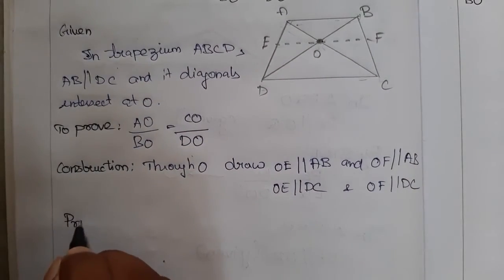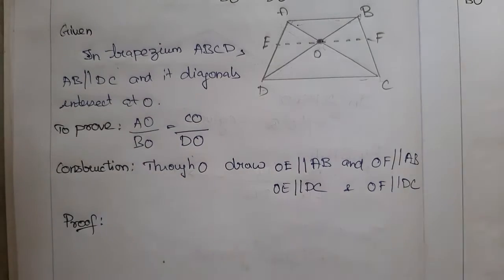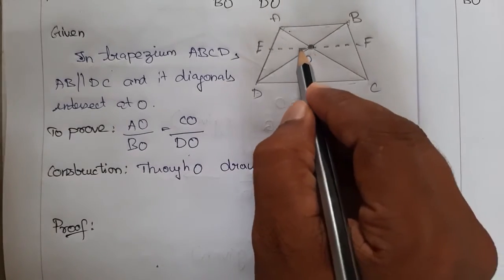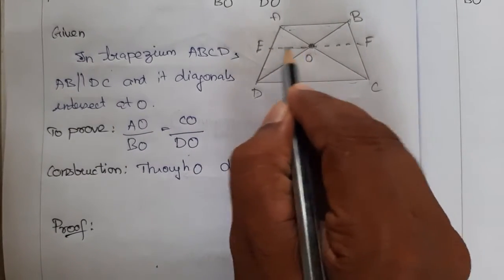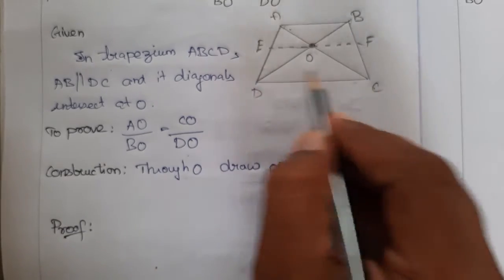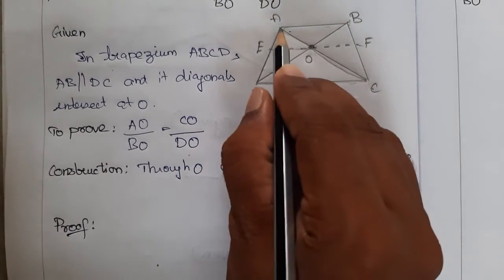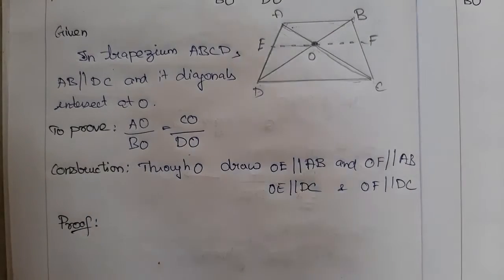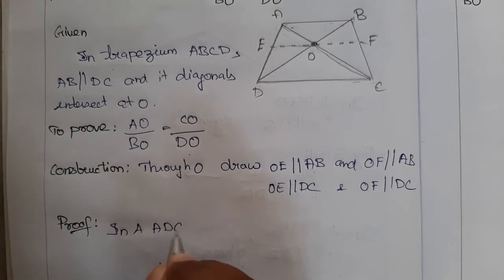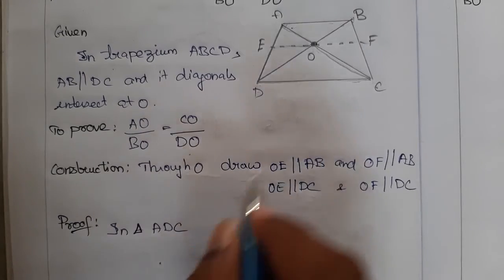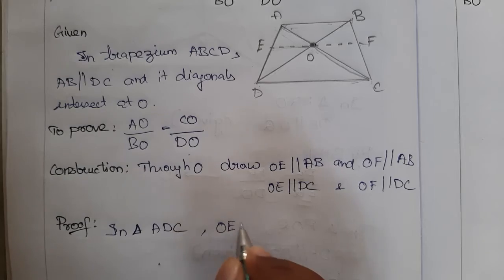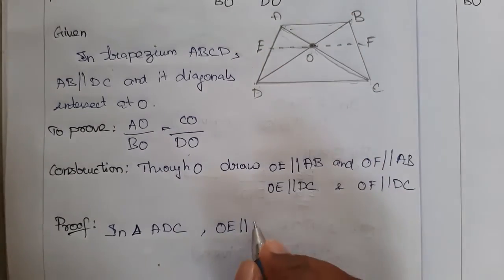So here we go for the proof. Now we can take the triangle which contains this parallel. So OE is parallel to CD. If we are considering this, then this will be the one triangle, right? So in triangle ADC, OE is parallel to DC.